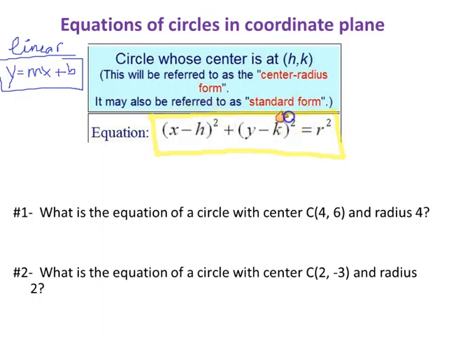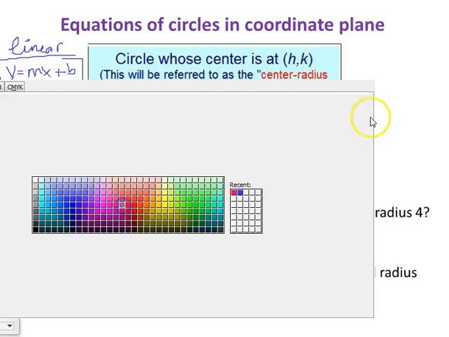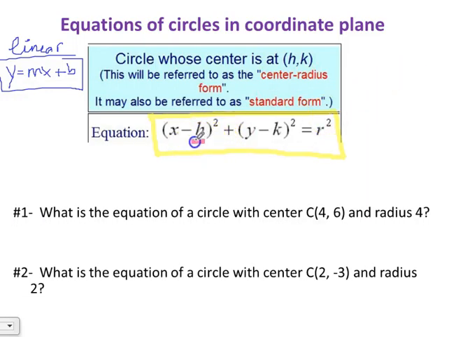So h and k are going to let us know what the center of the circle is. We will only substitute in numbers for h, k, and r, by the way, and all this will start making more sense. I know this is brand new, so just hang in there right now.